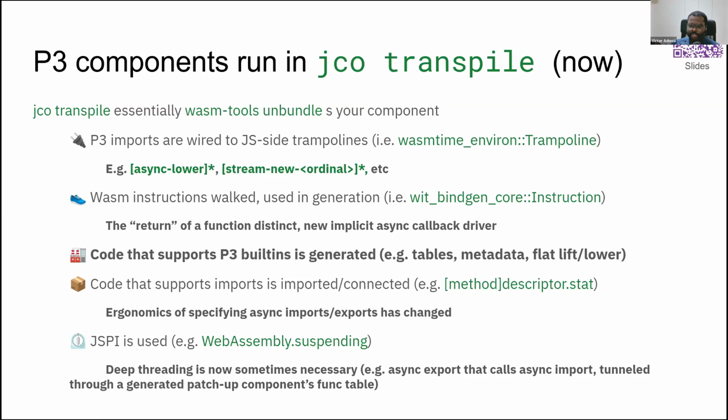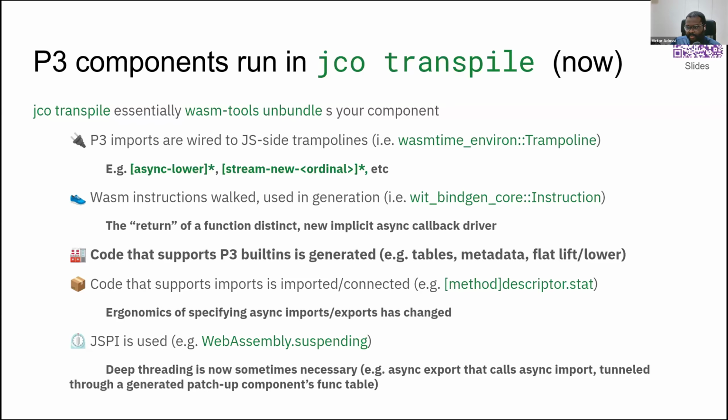This generally plays out in supporting new imports and new kinds of exports that unbundled components use, but it also extends to new kinds of intrinsics and instructions that are used in the core Wasms that are unbundled.